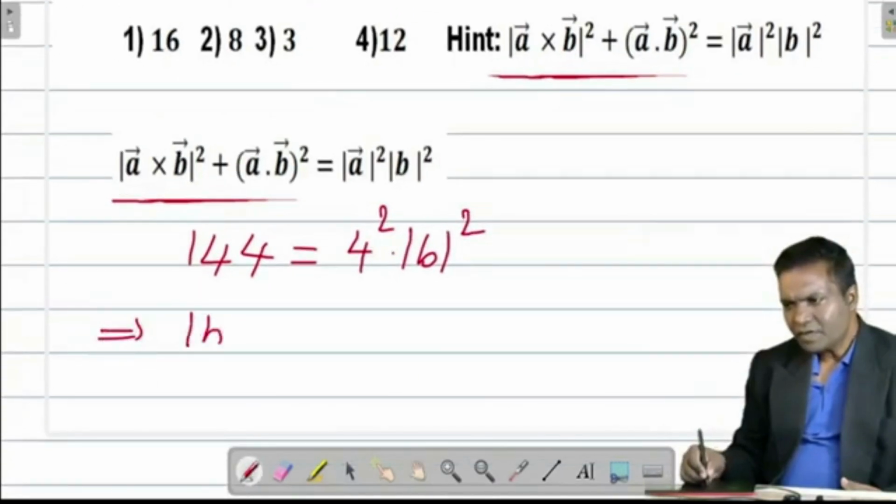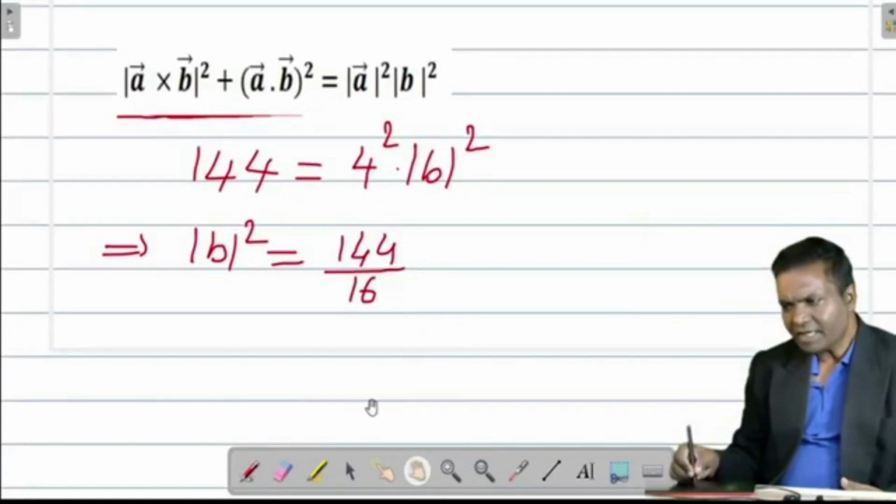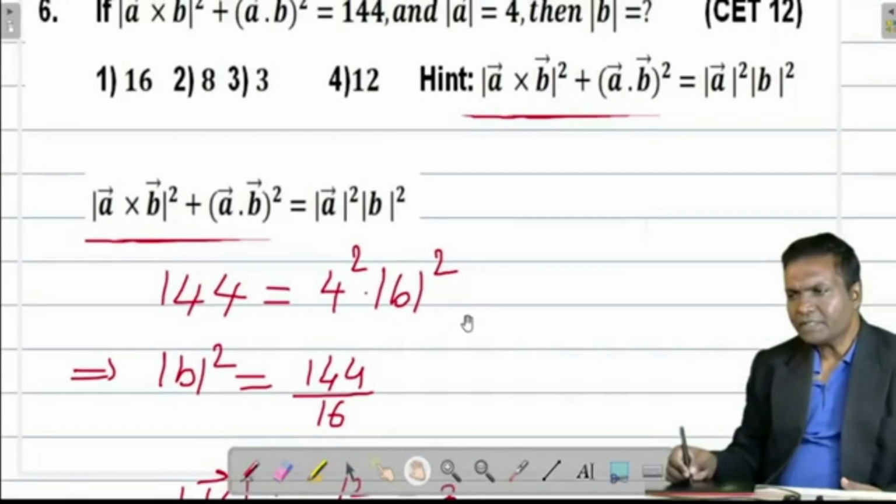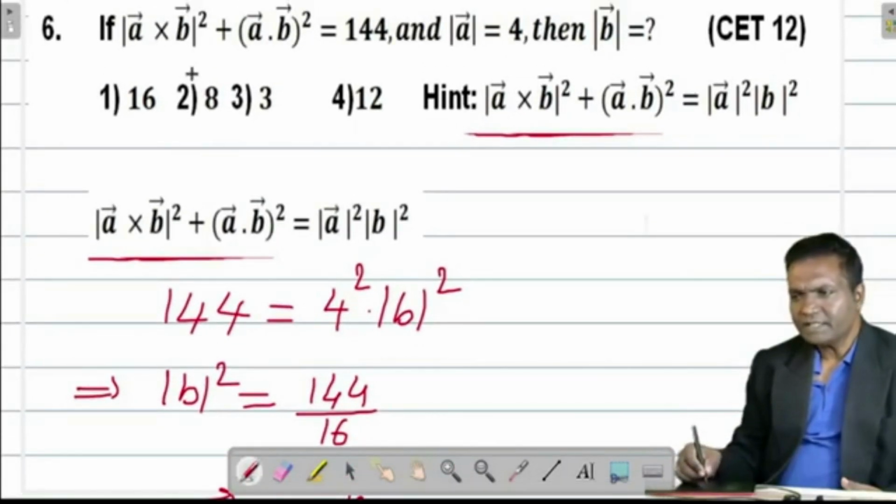So magnitude of B square is 144 by 16, and you can calculate magnitude of B as 12 by 4, and that is 3. So your option 3 is the correct one.